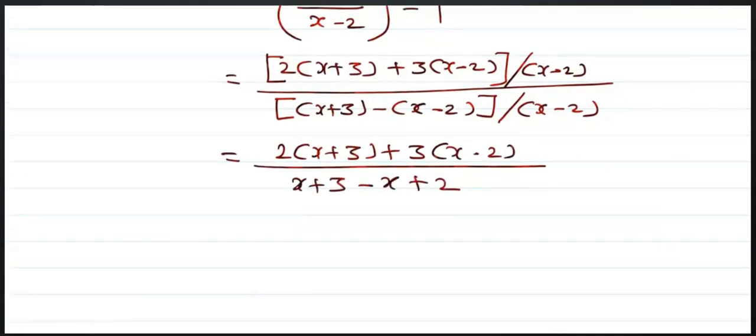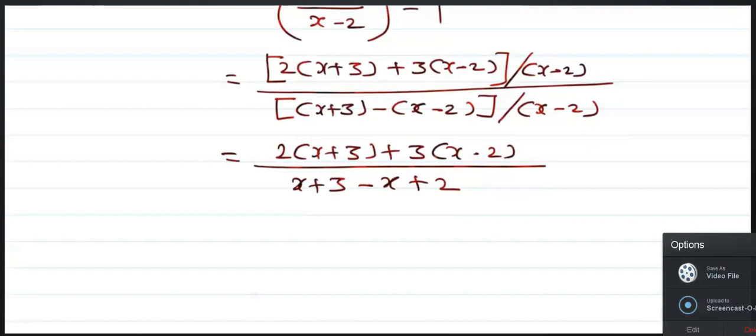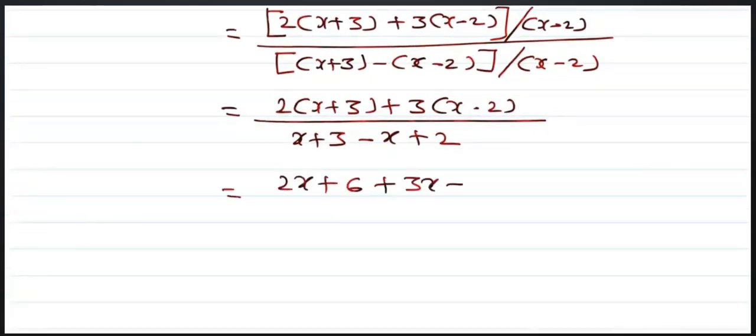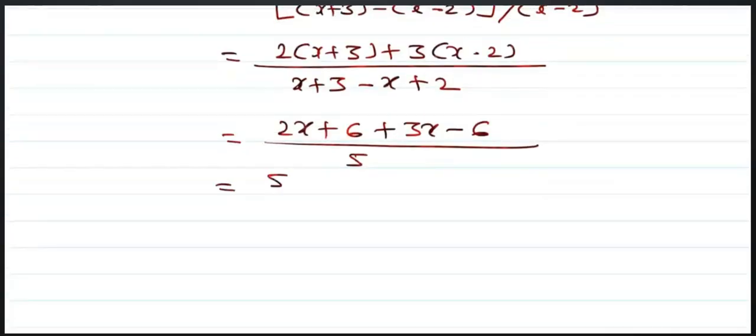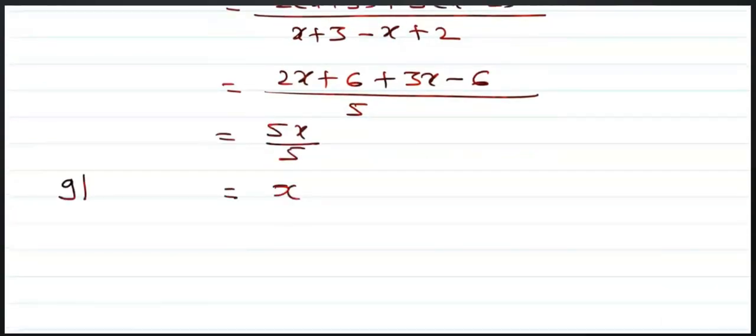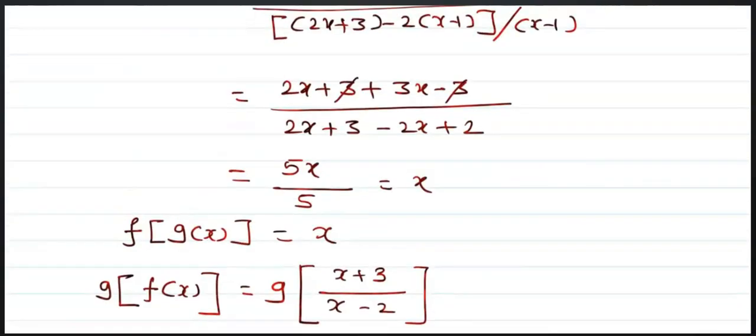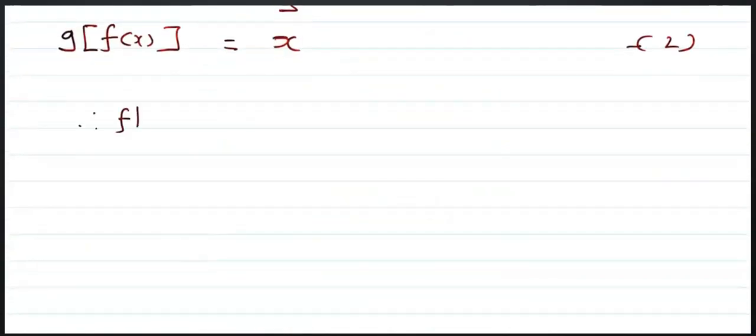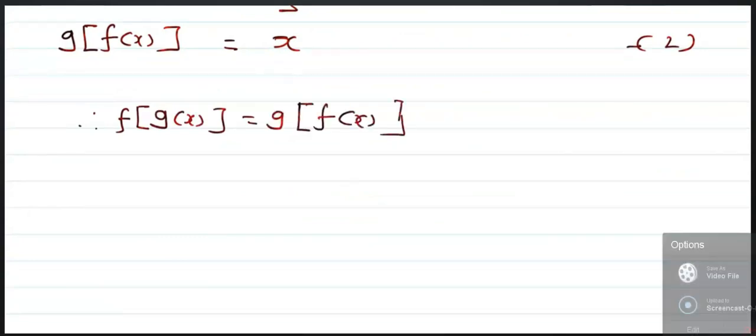And after simplification, you will get x. Therefore, g of f of x is equal to x. This is number 2. And that's why from 1 and 2, both of them have the same values, and hence, f and g are inverse functions of each other.